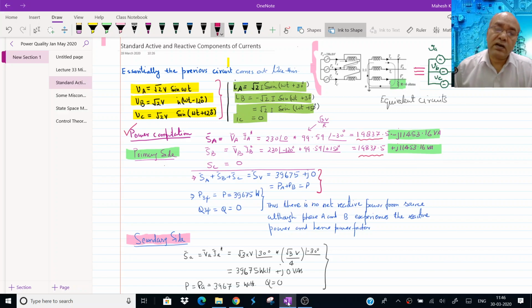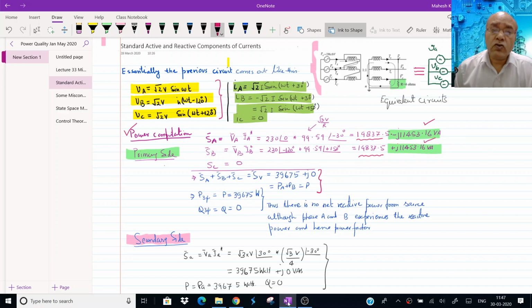That is in line with our guess because there is no net reactive element on the load side. So obviously there will not be any reactive power from the source. However, the source phases are experiencing reactive powers, because of the unbalance which has got some phase shift with respect to their voltages.